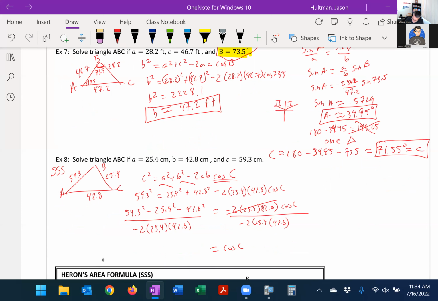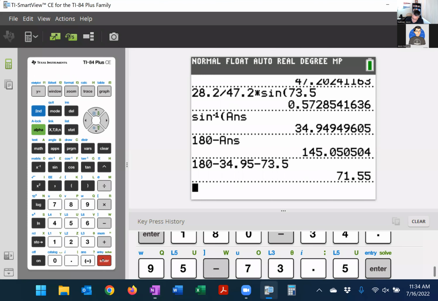Let's see what cosine C ends up being. It's going to be a negative value, I'm pretty sure, but let's plug that all into the calculator.